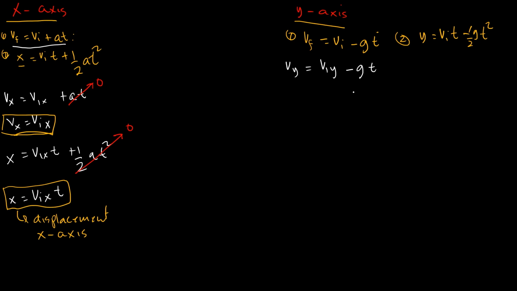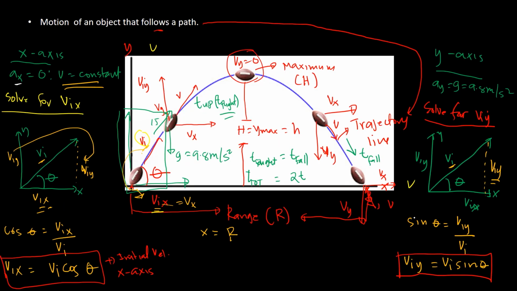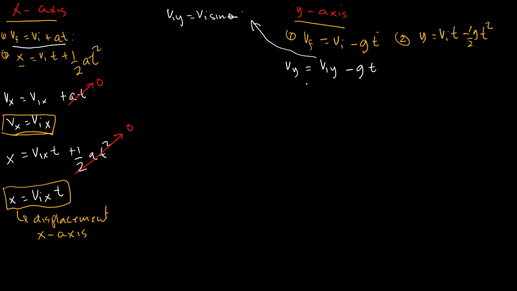Now let's recall that v sub iy is equal to v sub i sine theta, as we have derived from this equation here. So v sub iy is equal to v sub i sine theta.